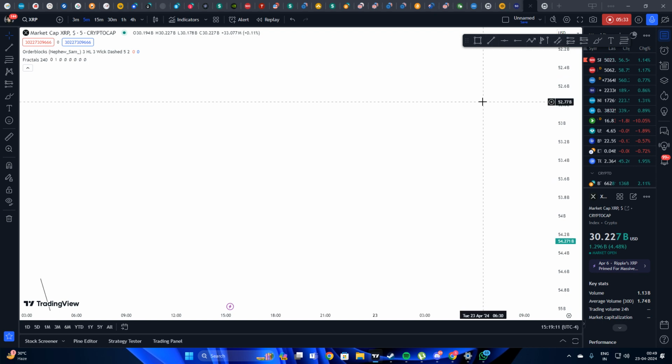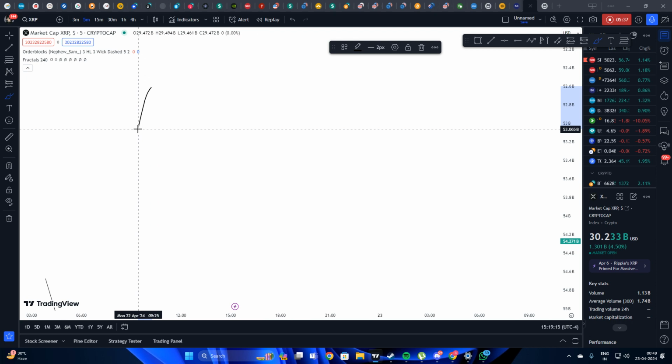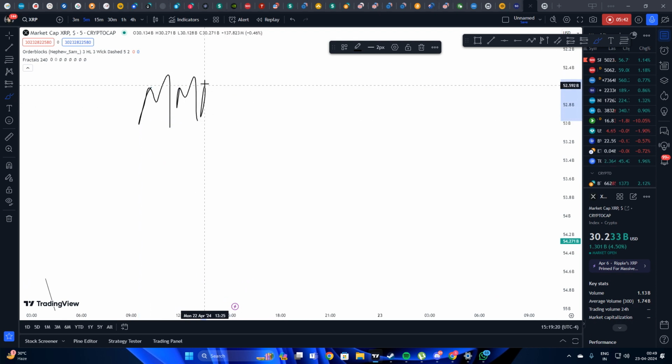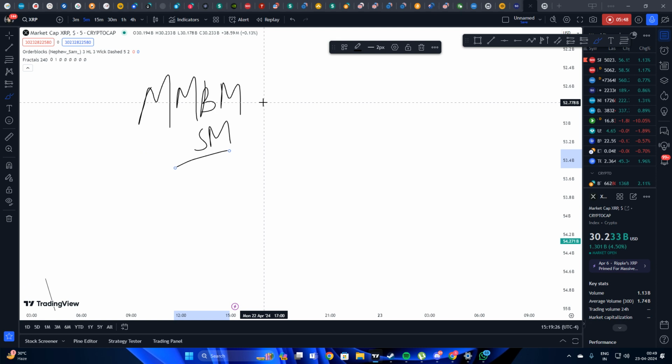One is the market maker models, also known as MM models. It can be the buy model or the sell model. You'll find material about these all over the internet, and you may even find how these go. I'll just show you in a quick way.